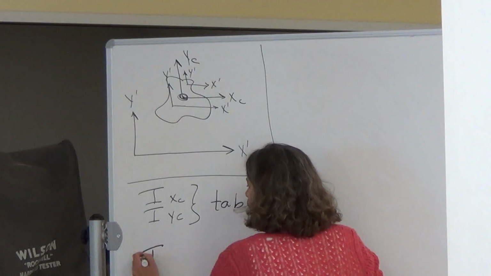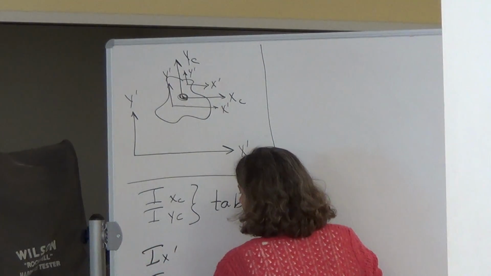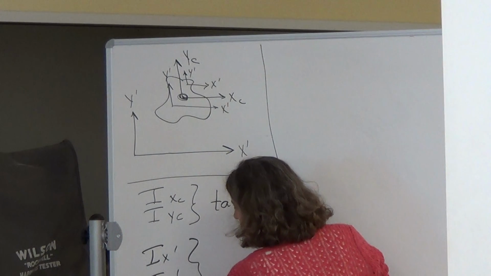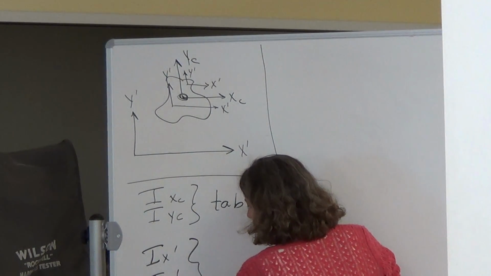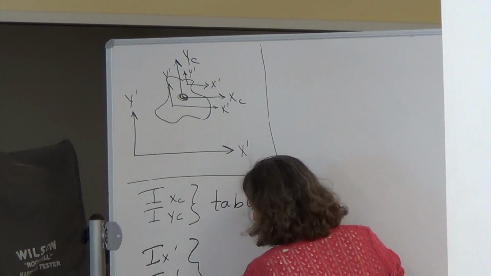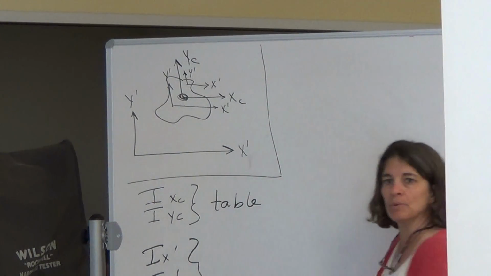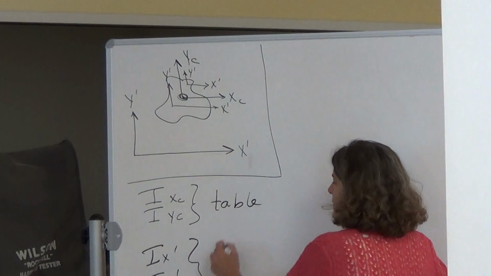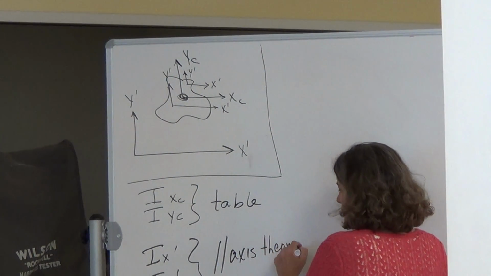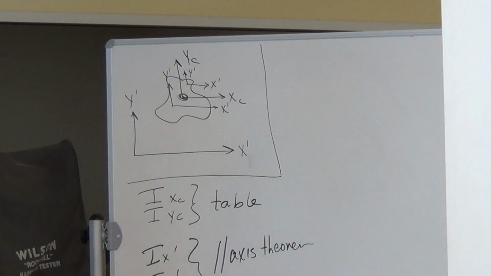But if you want to find the moment of inertia about an axis that's not the centroid, so it's any axis not the centroid, then what do you have to do? You have to use the parallel axis theorem. Which says we need to know this guy anyway, right? And then we have to add on a piece.